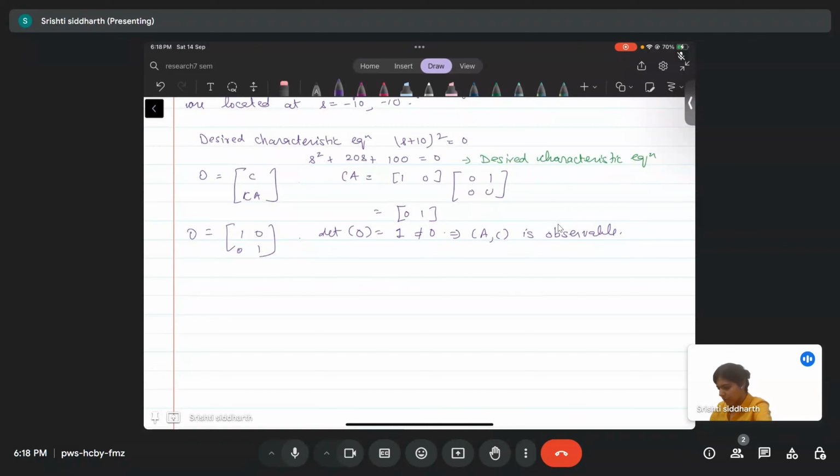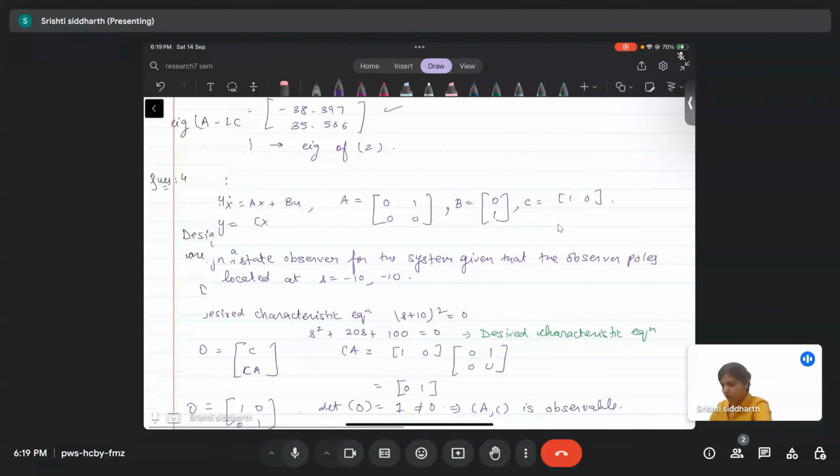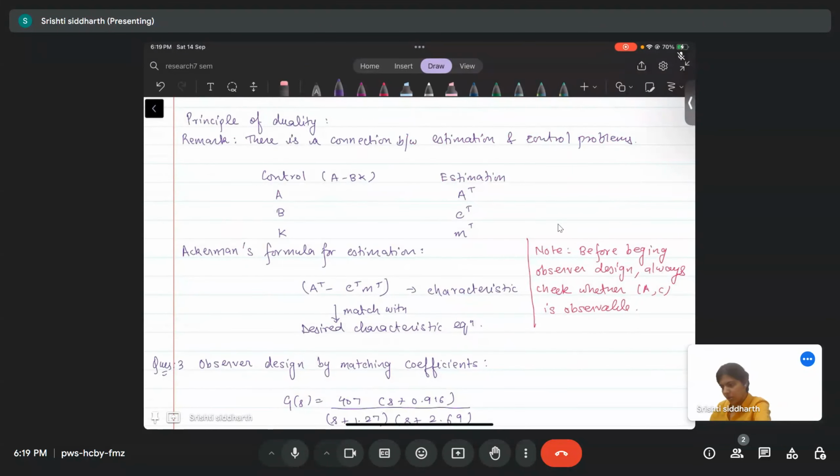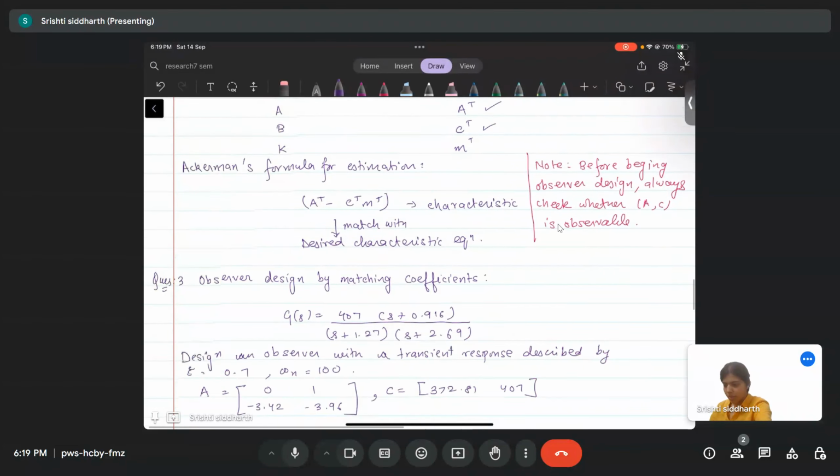So for Ackermann's formula, from the principle of duality, we are actually talking about the system A transpose, C transpose, right? So we are looking at A transpose, C transpose and we want to place the poles of this at the desired locations.